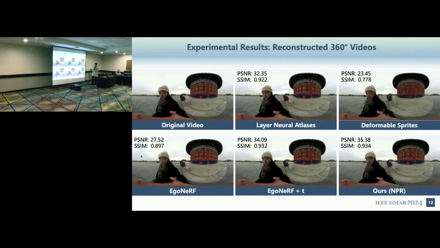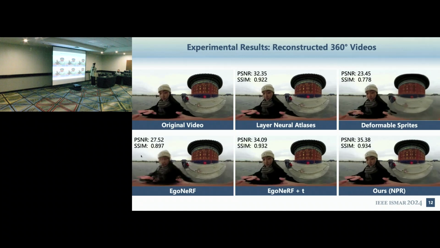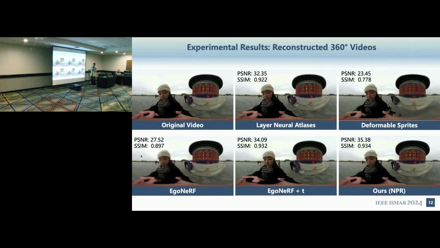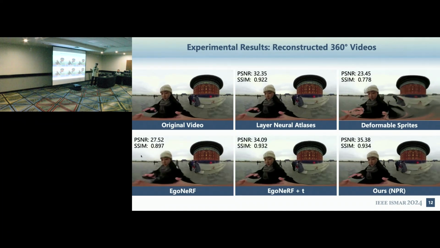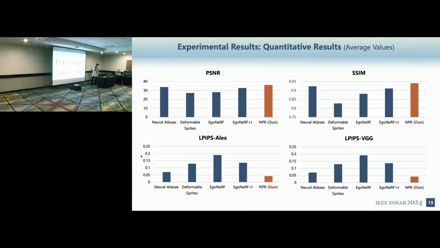As we see, our method shows minimal visible artifacts, unlike the other baselines. We also evaluated on 9 real-world videos in our dataset with 4 metrics, and our method outperforms other baselines across all metrics.